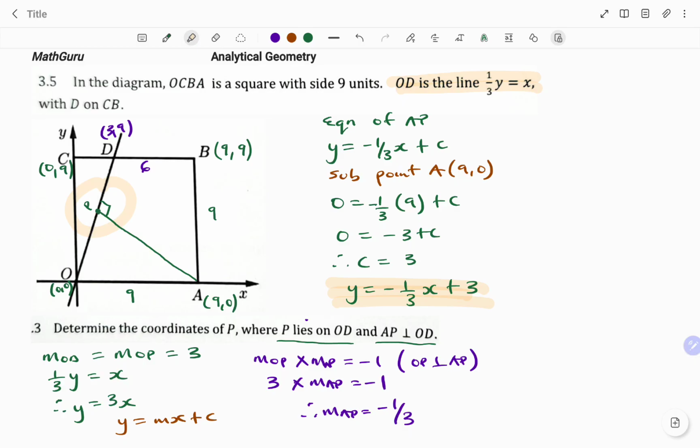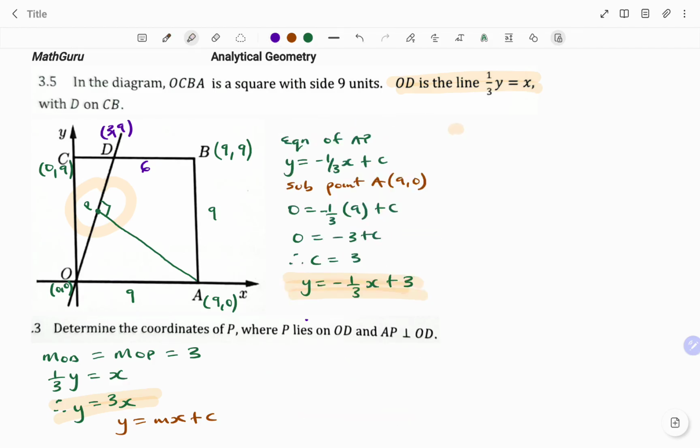The x and y will be the coordinates of P. I'm going to use the rearranged equation since I've written it in the standard form, y equals 3x.